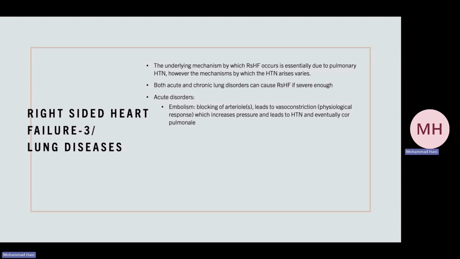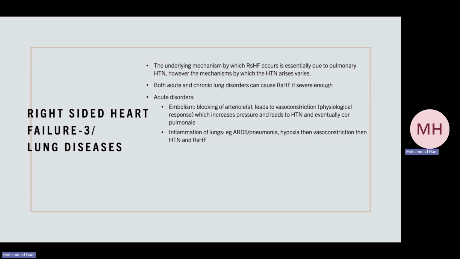So what happens is that it leads to pulmonary hypertension. And again, pulmonary hypertension increases the cardiac work of the right ventricle to overcome this pressure. And again, as mentioned earlier, can lead to a failing right ventricle.